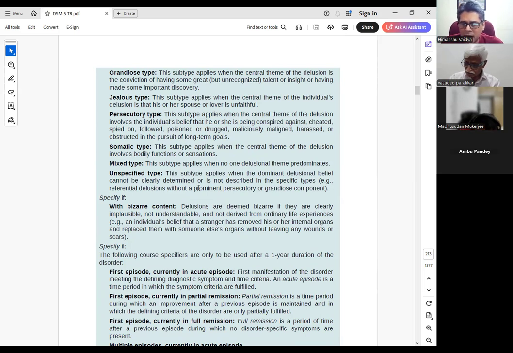Let me give an example and then we can break for a cup of tea. I was taking a case in civil hospital many years back. This person had this bizarre delusion. The delusion was that in Ahmedabad, there is an area called Hanuman Camp, and near that area, there is a military cantonment.